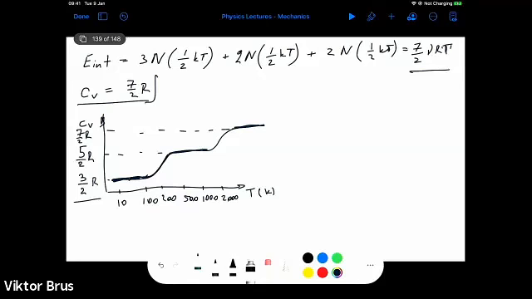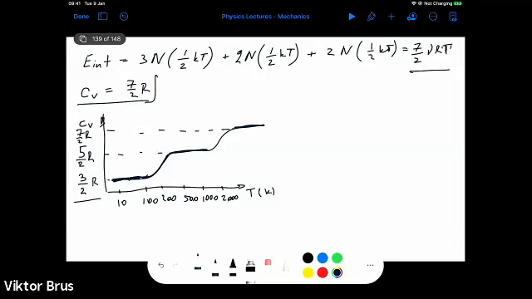That's why it makes sense to consider step by step contribution of these mechanisms, since they may be observed in different temperature ranges when we consider such ideal gases.